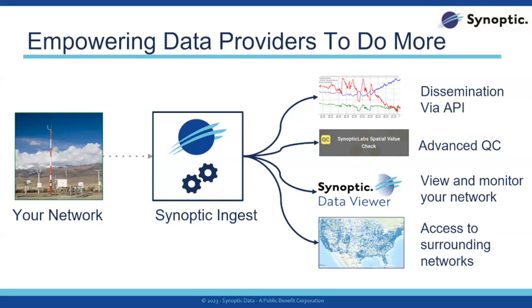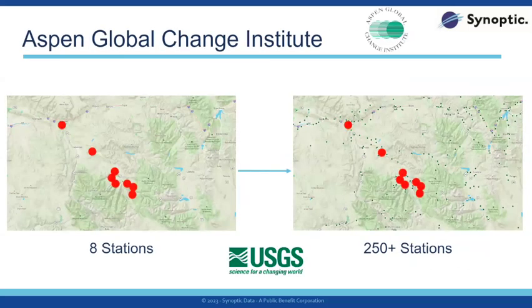Even in the US, we can help fill these gaps. You don't want to place a station right next to another station. You want to spread them out and help fill in these gaps. As an example from last year, with Aspen Global, taking their 8 to 10 stations, and then having access to those 250 just in this little box right around their stations.